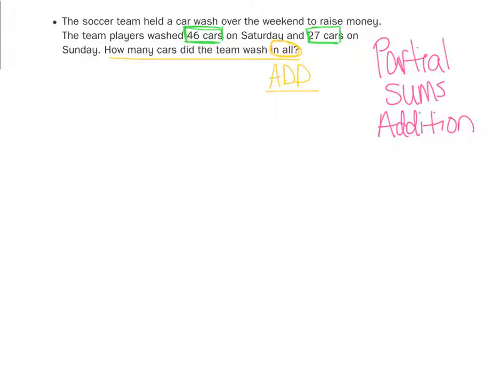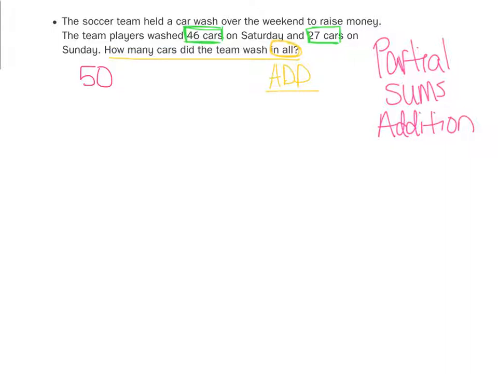So before I solve the problem, I need to estimate. Okay, so I need to know how many cars the team washed in all. On Saturday, they washed about 50 cars, if I round up to the nearest 10. So 46 is how many they washed. So I'm going to say 50. That's pretty close to 46.